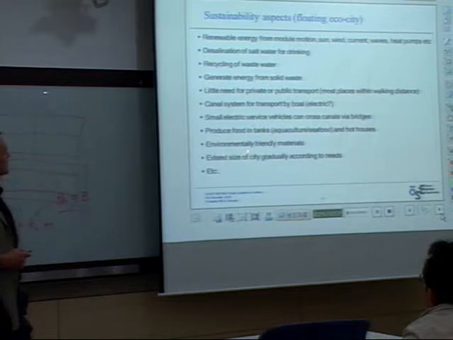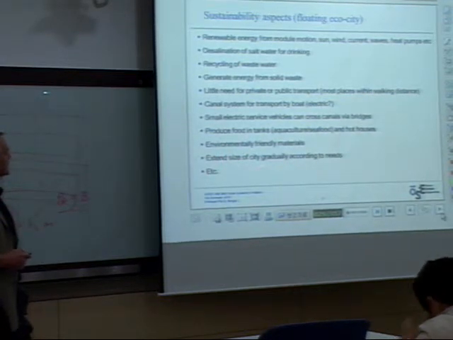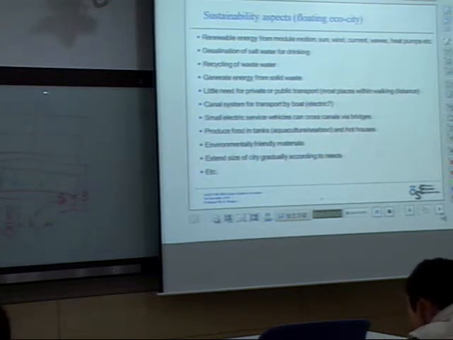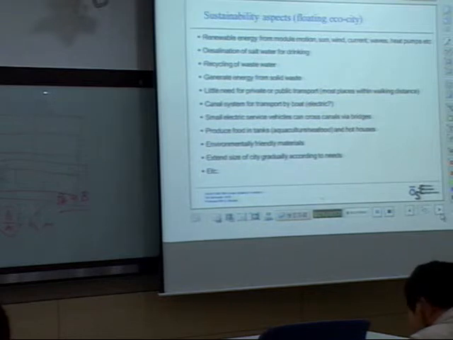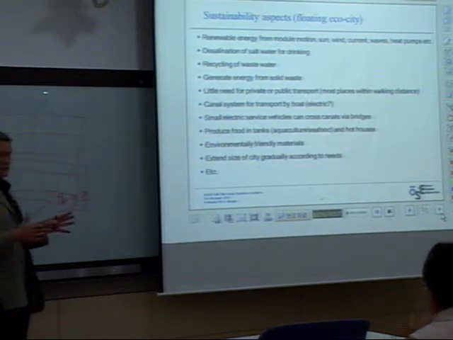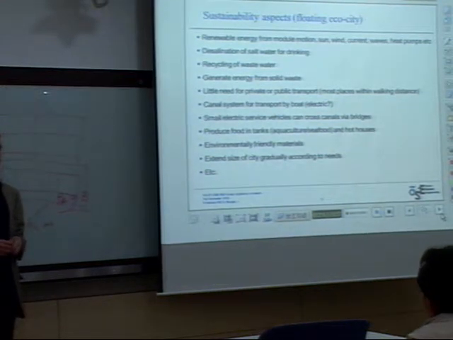Environmentally friendly materials. Yeah, and one can build the city gradually, add new modules, and so on. So one can see there's a lot of potential advantages by building something on the sea, right?